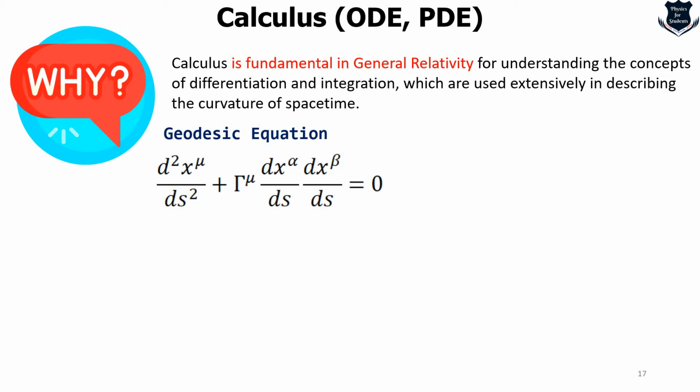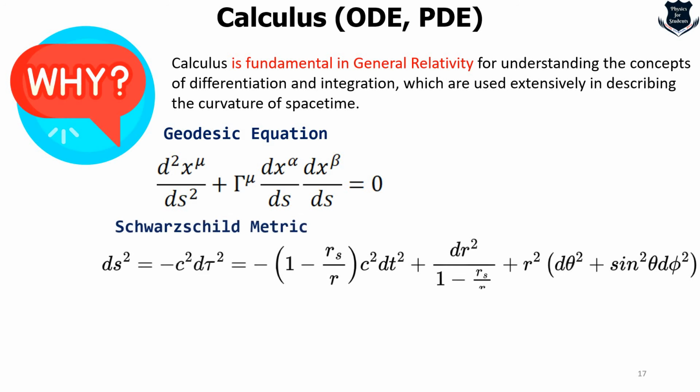Geodesics are curves that extremize the space-time interval. Calculus provides the tools to find this extrema using techniques such as the Euler-Lagrange equation, which is fundamental in deriving the geodesic equation. The geodesic equation is derived from the Euler-Lagrange equation applied to the space-time interval, leading to a set of second-order differential equations.